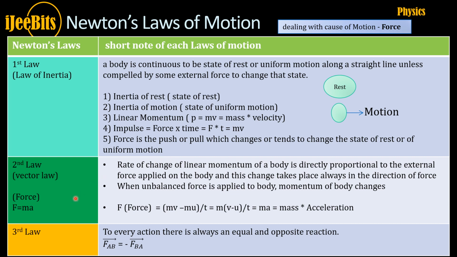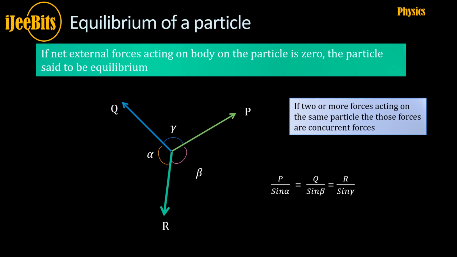Then we looked at the second law, the force law, a vector law, and then Newton's third law. We also spoke about equilibrium of a particle and concurrent forces, when the net external force acting on a body is said to be zero. We looked at these things at a high level.